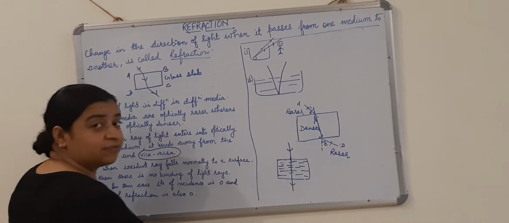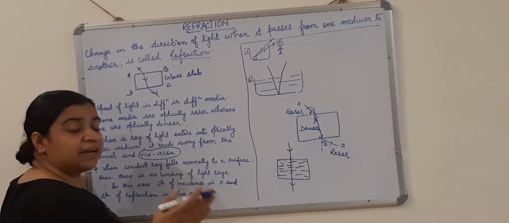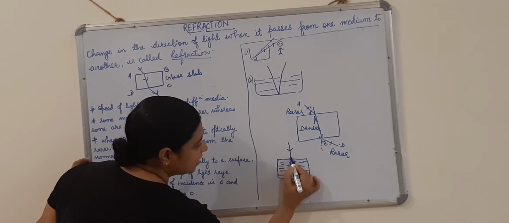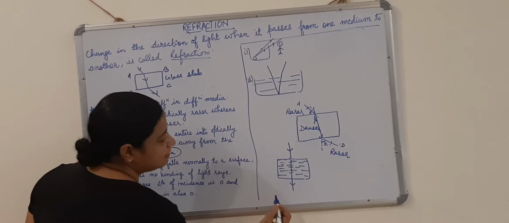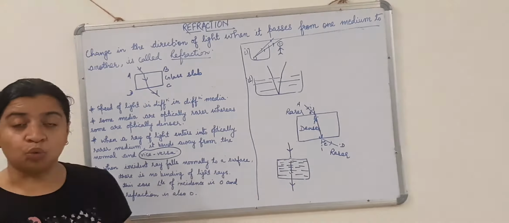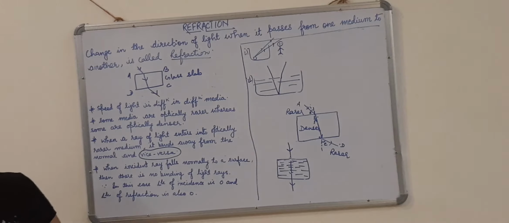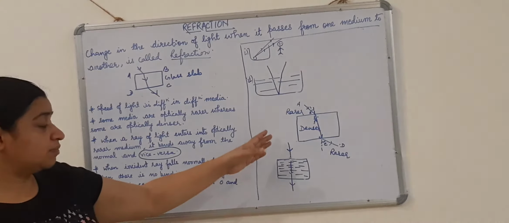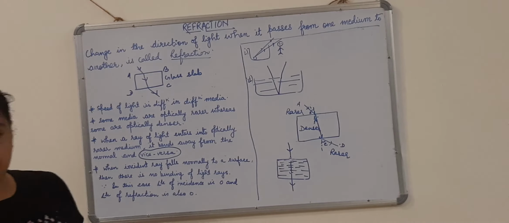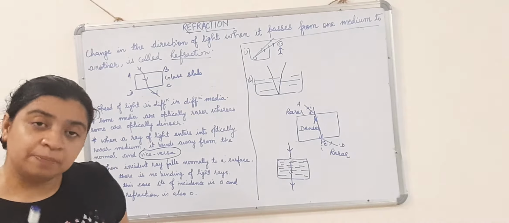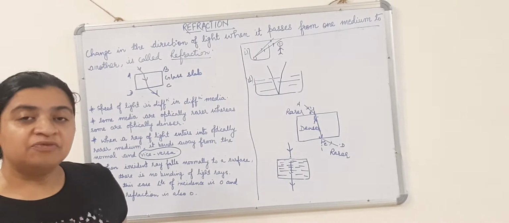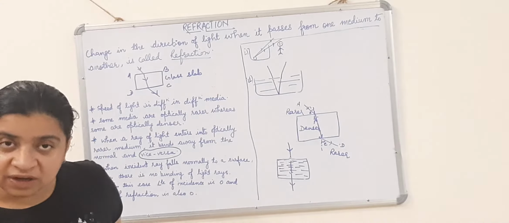So what is the angle of incidence? The angle of incidence is the angle made by the incident ray with the normal. In this case, the angle of incidence is 0. Similarly, the angle of refraction is also 0. As the angle of incidence and angle of refraction are 0, when the ray of light falls normally, or perpendicular, at the interface of two different media, there won't be any refraction of light.